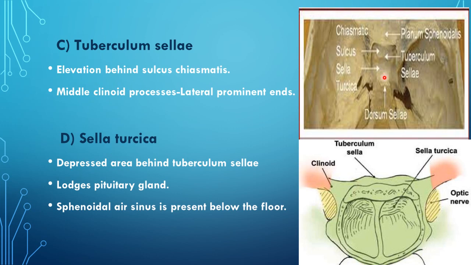Below the floor of the hypophyseal fossa lie the sphenoidal air sinuses. We have heard about the other sinuses, which are the maxillary, frontal, and ethmoidal, and one more is the sphenoidal. Sphenoidal lies below the floor of the hypophyseal fossa.